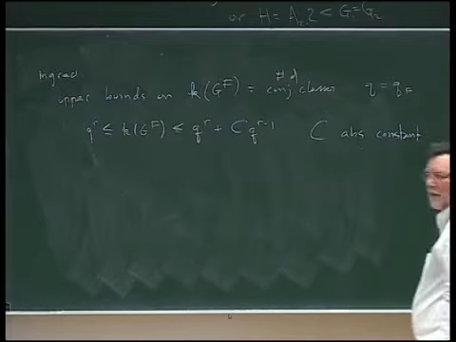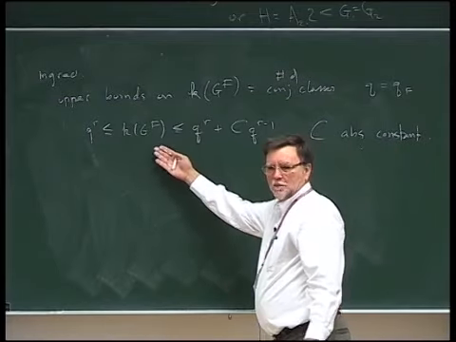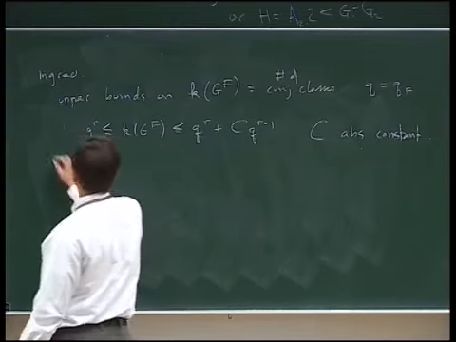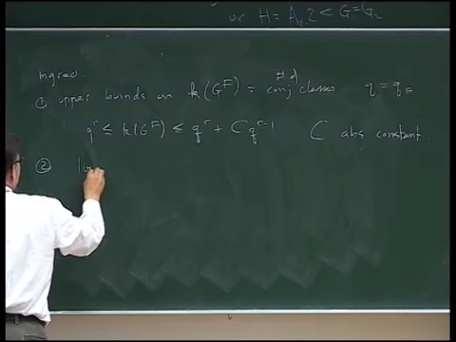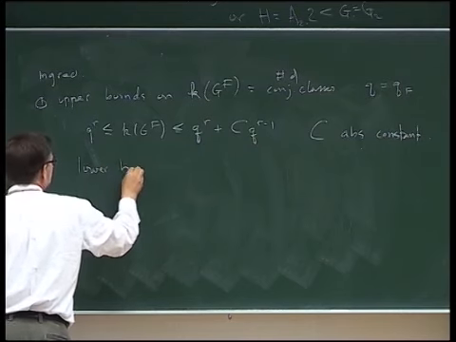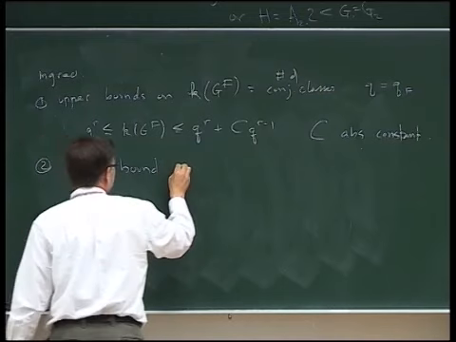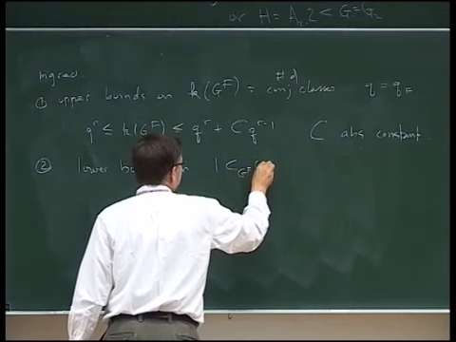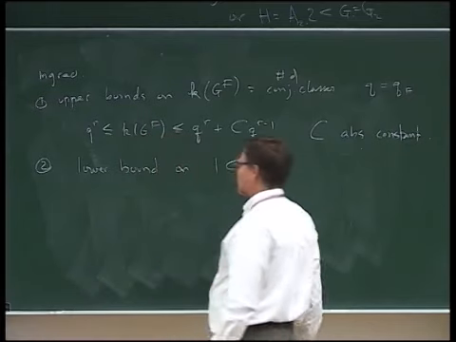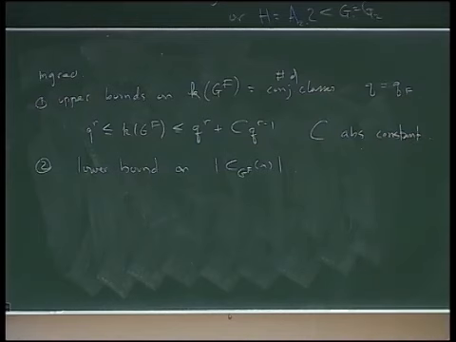So we have pretty good bounds. So that's one ingredient. And the second ingredient is a lower bound on the size of the centralizer. So it can't be too small.